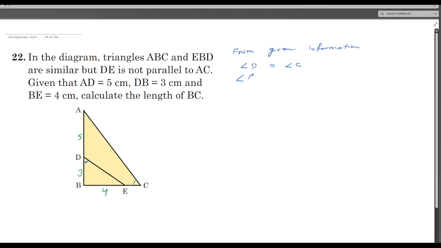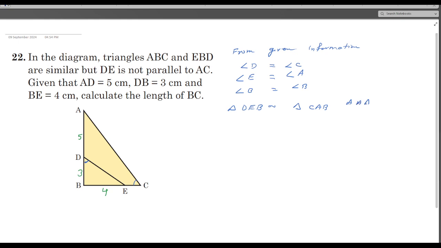Your angle E in the smaller triangle will be equal to your angle A in the larger triangle, and angle B is the same in both cases. So you will say that triangle DEB will be similar to triangle CAB. This is by the angle criteria.